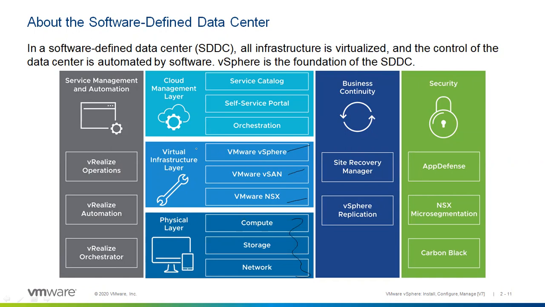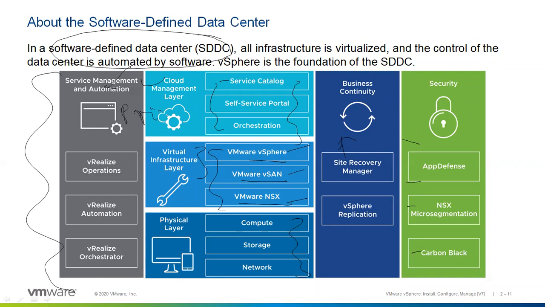These are my virtual infrastructure, where we can use all this software to virtualize your data center: VMware vSphere virtualizes your compute, VMware vSAN your storage, NSX the network functionality, and then an additional cloud layer for self-service portal, billing and orchestration, and Site Recovery Manager for DR purposes. For security, there are some features. So this entire stack presents the VMware software defined data center as a VMware private cloud.